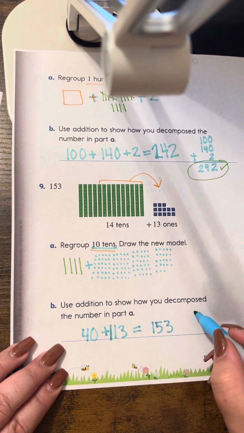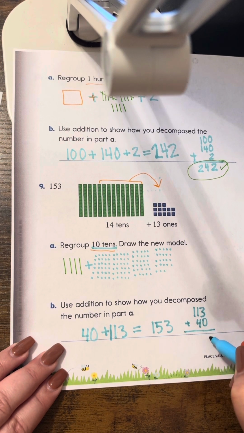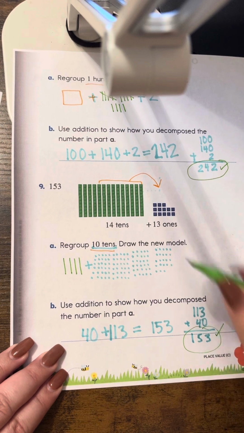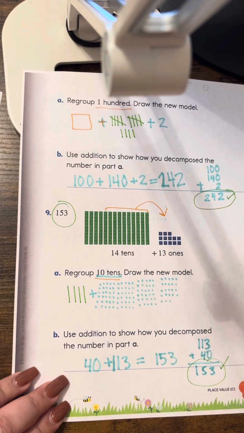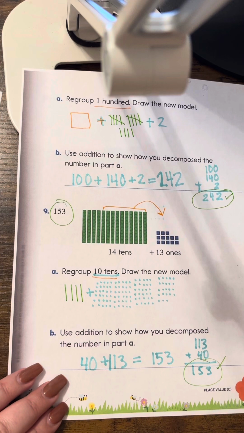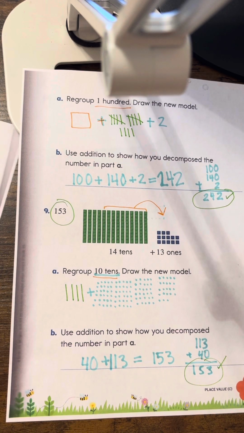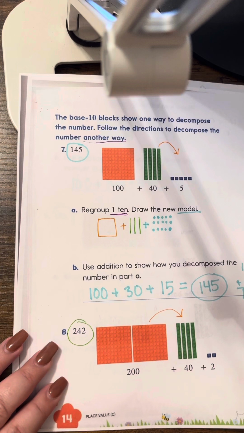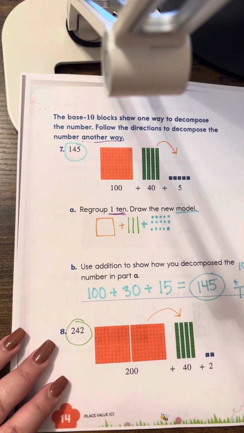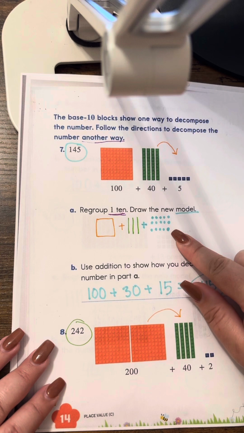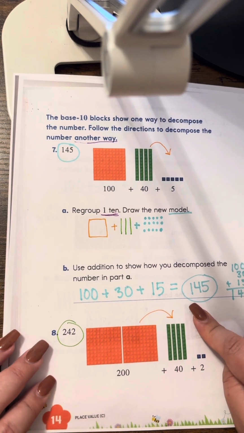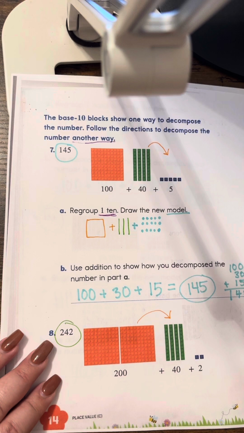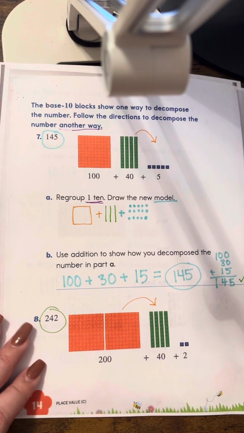Then you would check it. Does 113 plus 40 equal 153? And it sure does, so it checks off. And this is how you would decompose the number using drawing a new model and writing the addition sentence to show how you decompose the number. Try it.